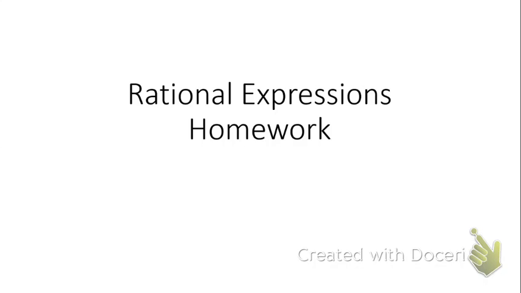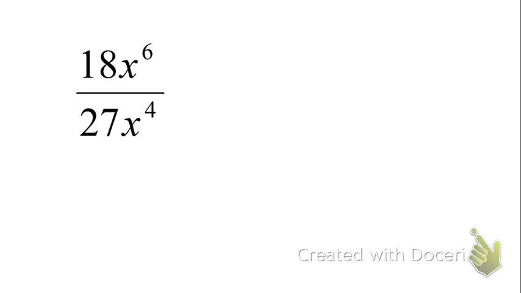So here we go, rational expressions. This first one you want to simplify. We know we can reduce the fraction 18 over 27, and that will give us 2 over 3.